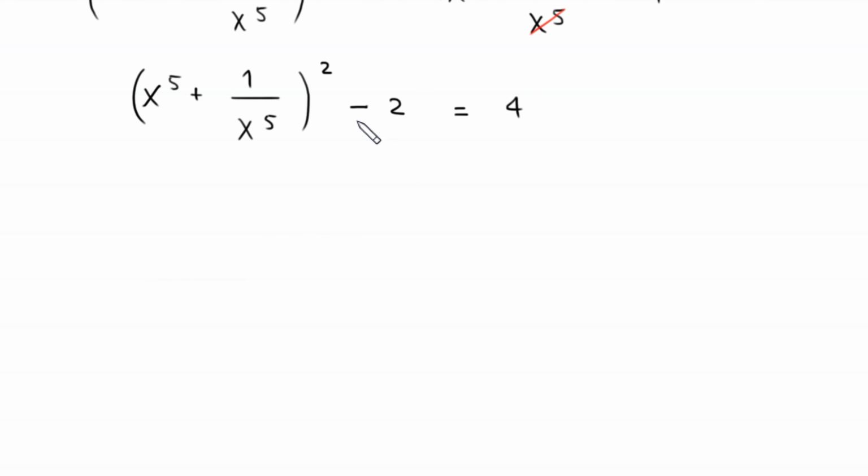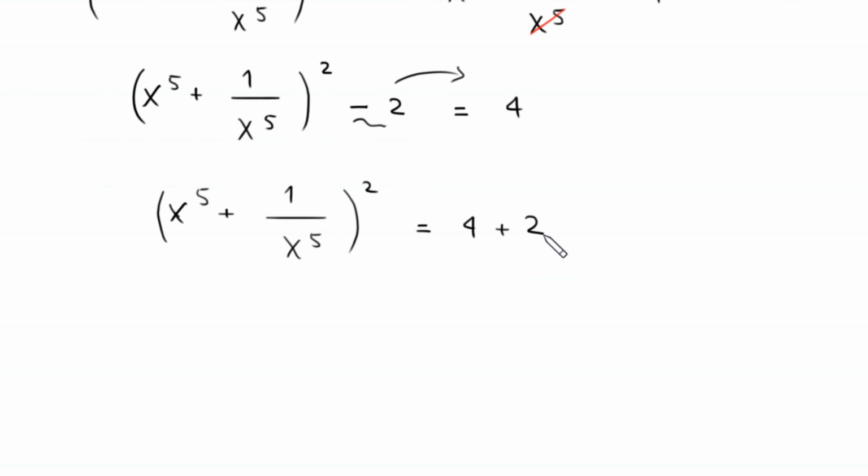Now we move this negative 2 to the right hand side, so this will become x to the power 5 plus 1 over x to the power 5 whole squared is equal to 4 plus 2. Next, x to the power 5 plus 1 over x to the power 5 whole squared is equal to 4 plus 2 will become 6.